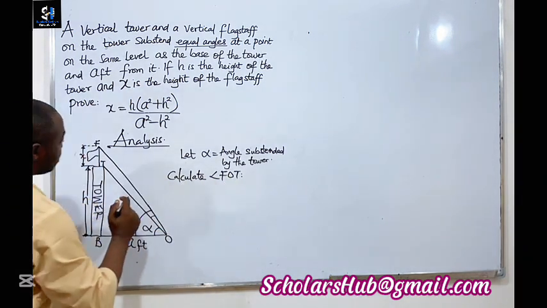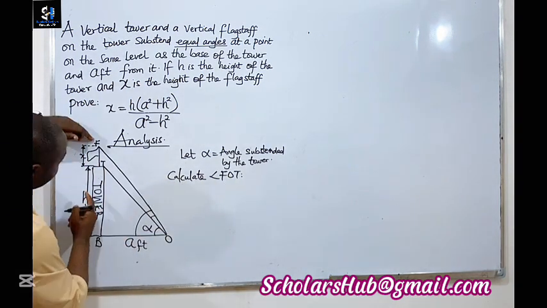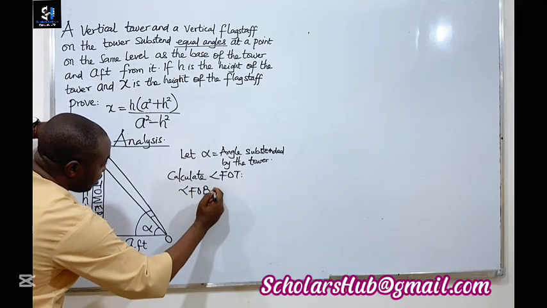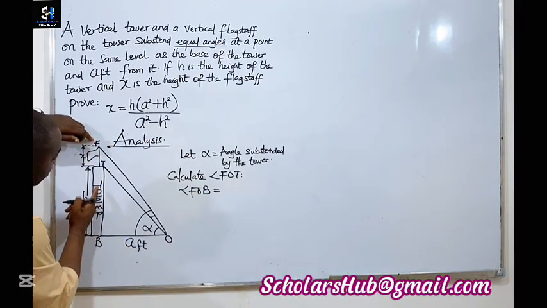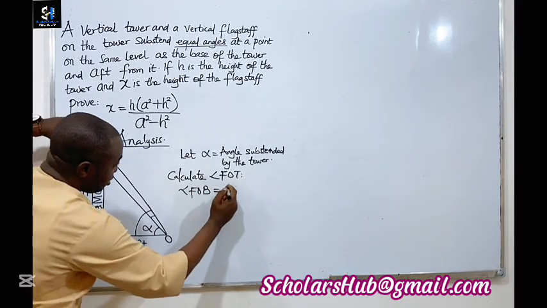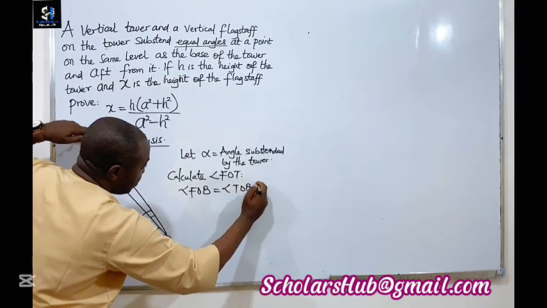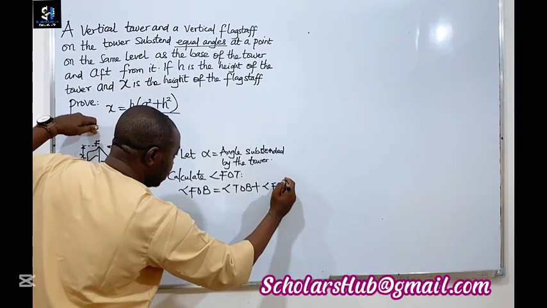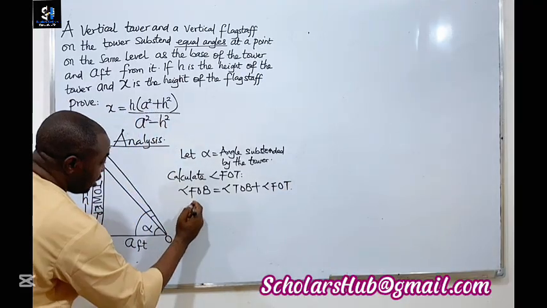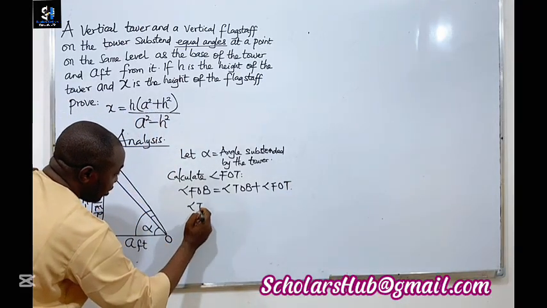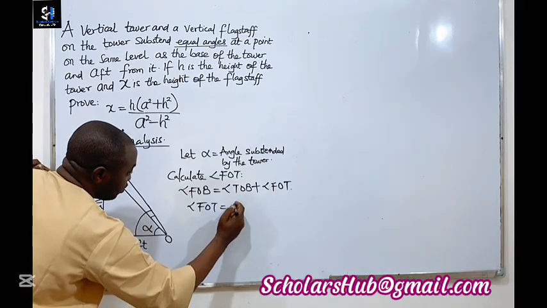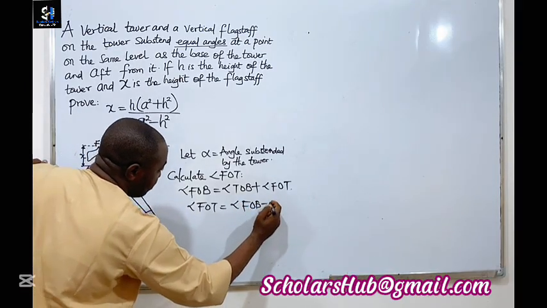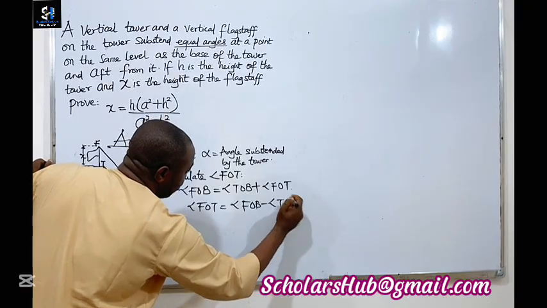So what is FOT? Now, we can see from here that angle FOB will be equal to the sum of angle TOB and angle FOT. If you isolate FOT, FOT will be equal to angle FOB minus angle TOB.